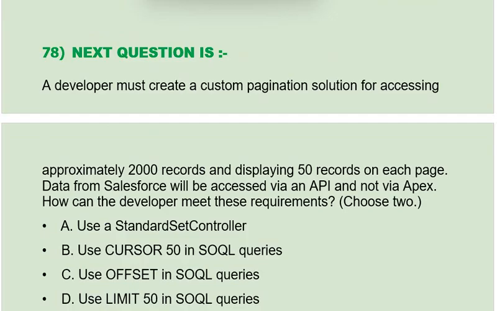Question: A developer must create a custom pagination solution for accessing approximately 2000 records and displaying 50 records on each page. Data from Salesforce will be accessed via an API and not via Apex. How can the developer meet these requirements? Choose two options.